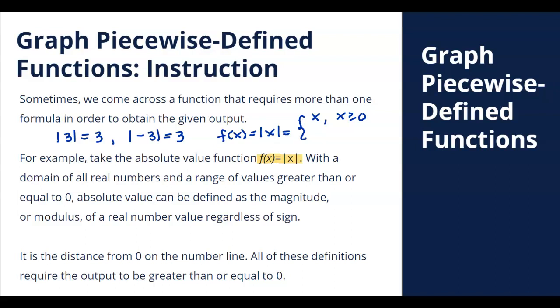So it is just x. Now, if we take the absolute value of -3, that is when x is negative or less than 0, the absolute value is equal to the negative of that number, so the negative of x. This is an example of a piecewise defined function.